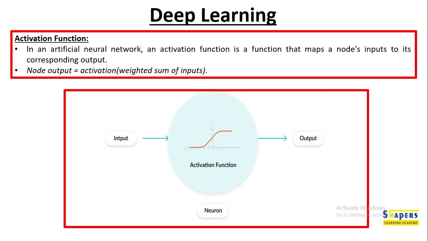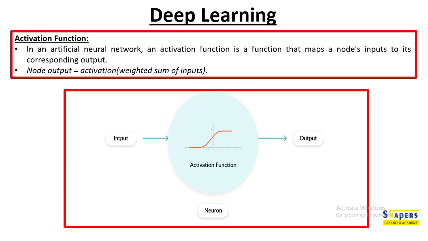Another important and interesting part is the activation function. In an artificial neural network, an activation function maps the node's input to the output, and the redirection of the input to the output depends upon which activation function you use.